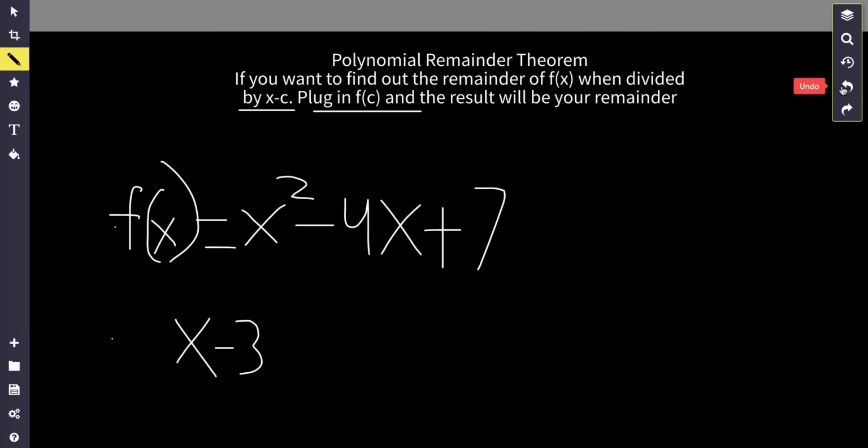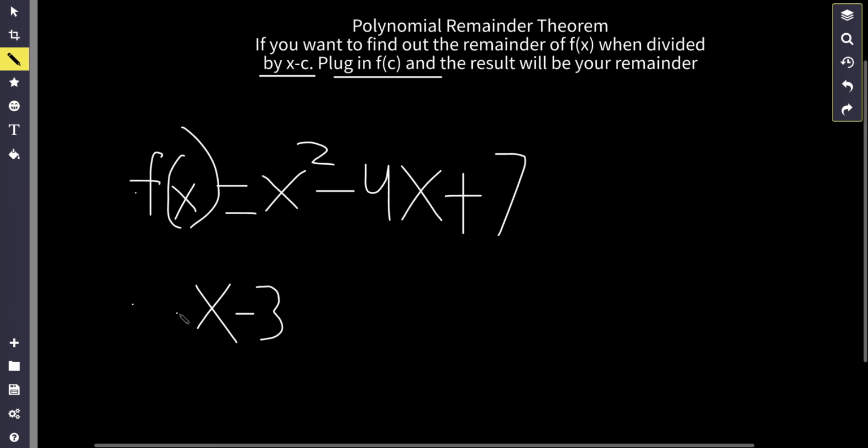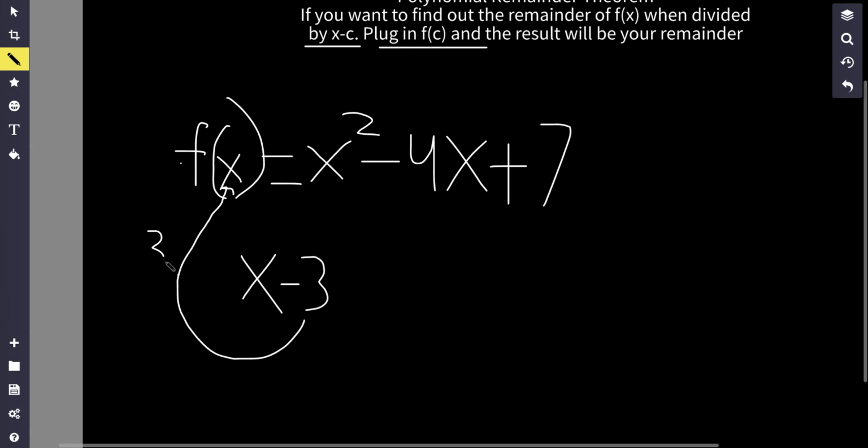And this theorem basically tells you if you want the remainder of this polynomial when divided by x minus some number, all you have to do is plug in that number. So in this case, if we want to find the remainder when you divide this polynomial by x minus 3, we would just plug in 3 into this polynomial.